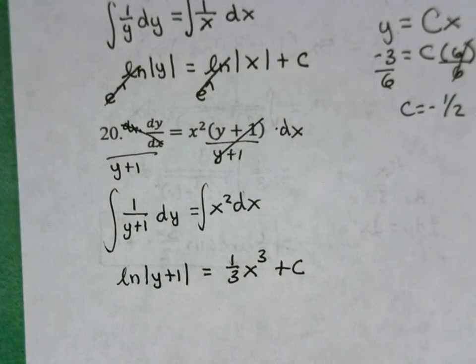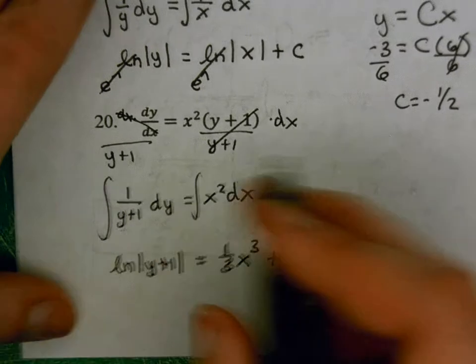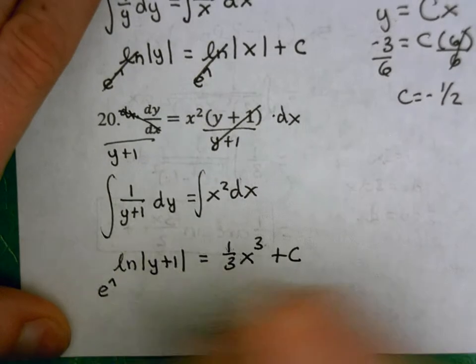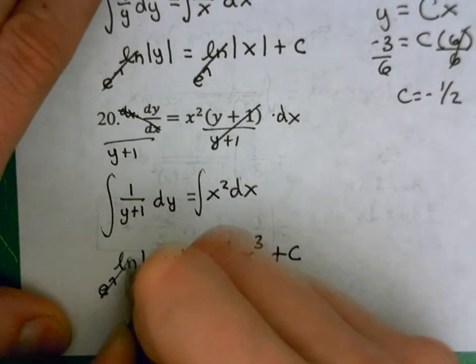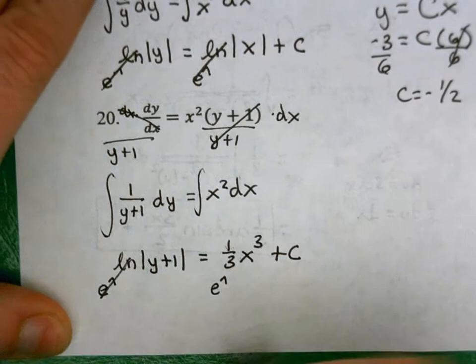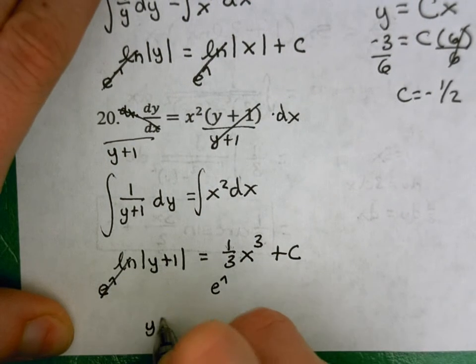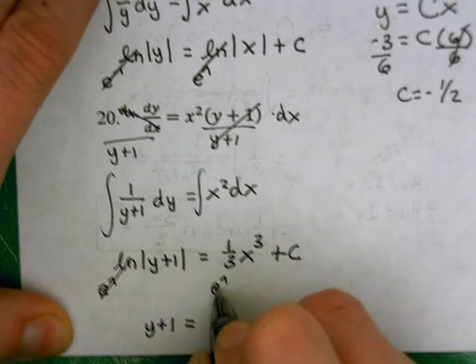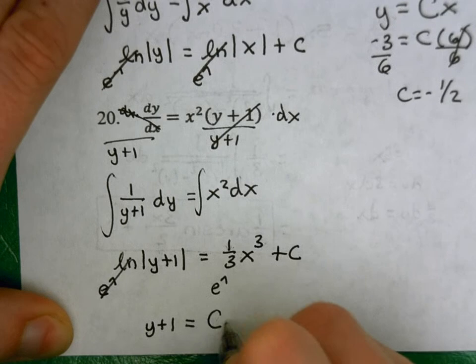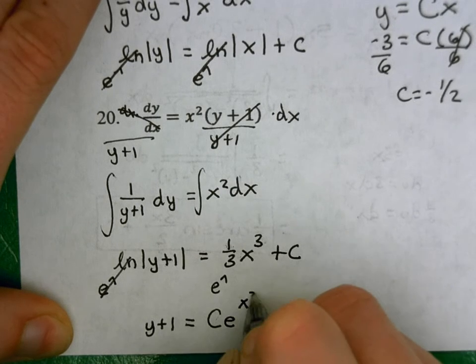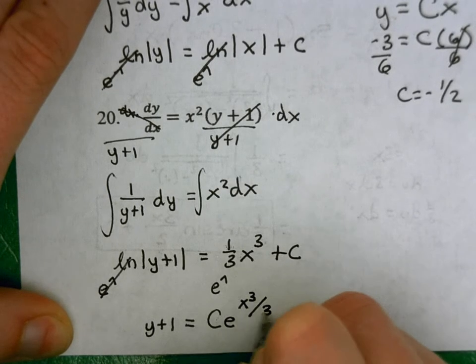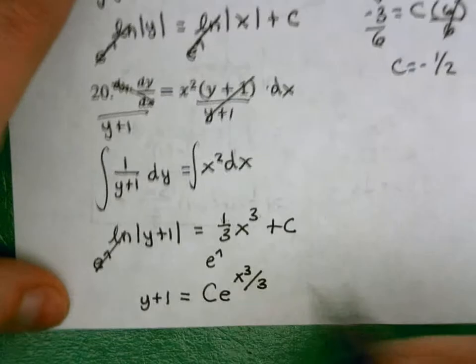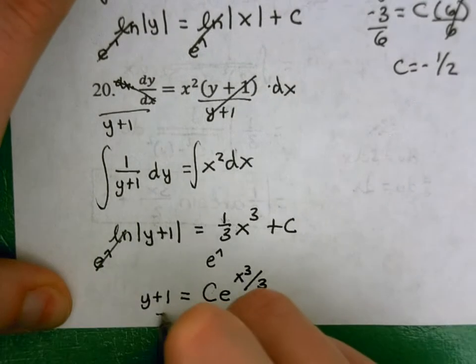And so then solving for y, we're going to raise both sides to the e. E and natural log are going to cancel, and so we're at y plus 1 equals, bring down the c, e to the x cubed over 3. And then last step, subtract both sides by 1.